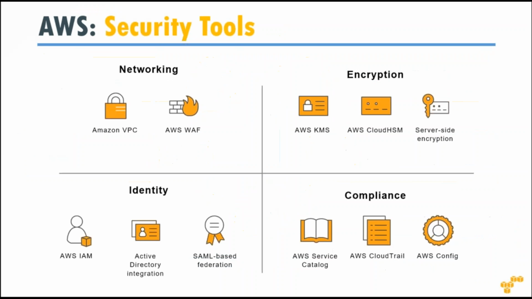So moving forward, we are a little slow on time. Security tools, as I was saying, these are all the different security tools Amazon provides. When I say Amazon VPC, it is their virtual private cloud, and this tool allows you to logically separate or group your resources.